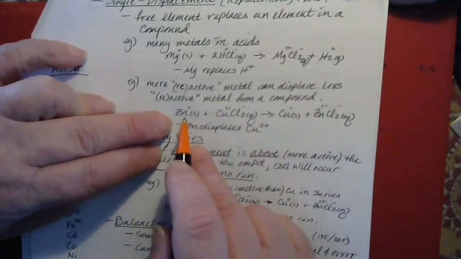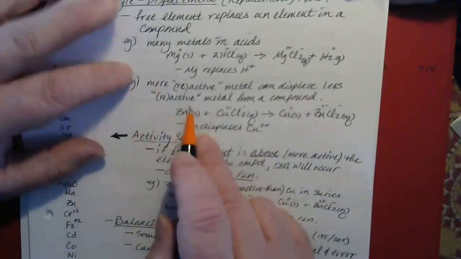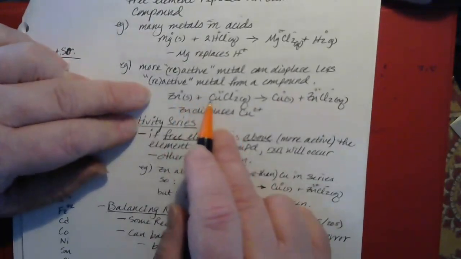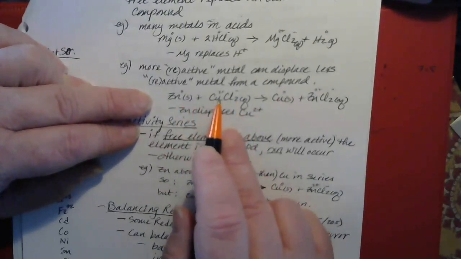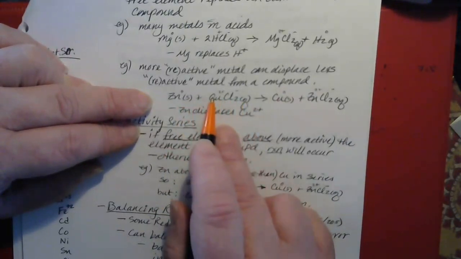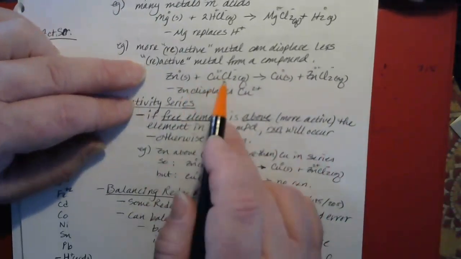Like, for example, zinc metal, which I've written a little zero there to remind me that it has zero charge. If you put it in solution with copper chloride, the copper chloride is a pretty blue color, kind of like Windex.